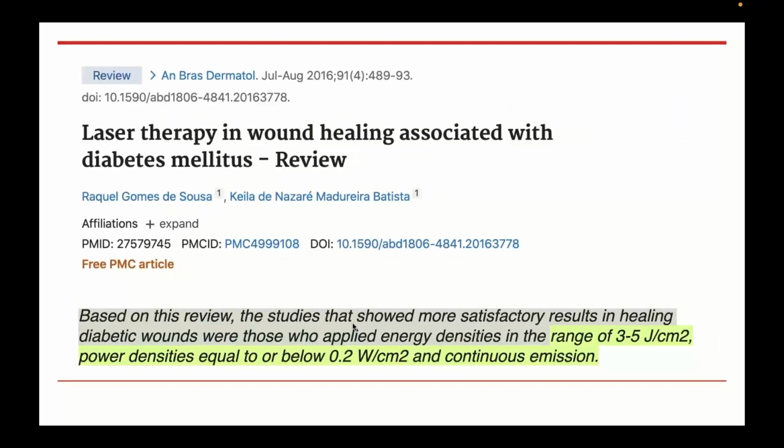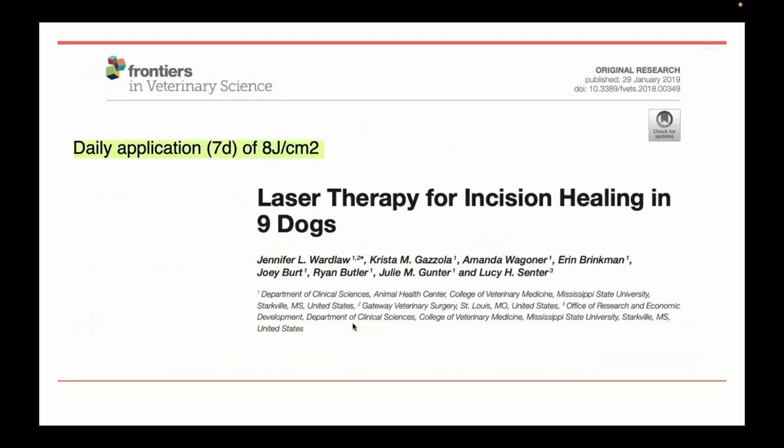A similar dose was described in this other review of laser therapy in diabetic wound healing in human patients. In this case, the author describes how studies that use a dose of 4 joules per square centimeter, 3 to 5, usually have more satisfactory results.